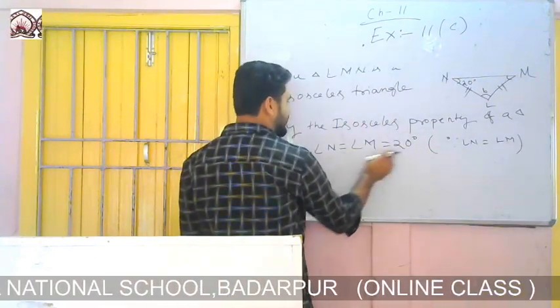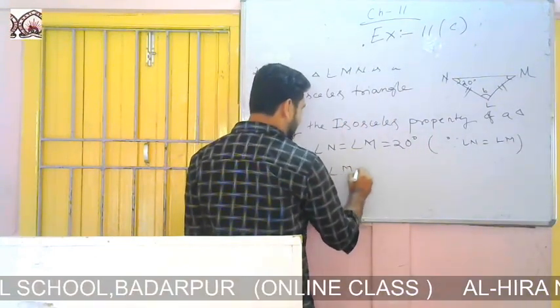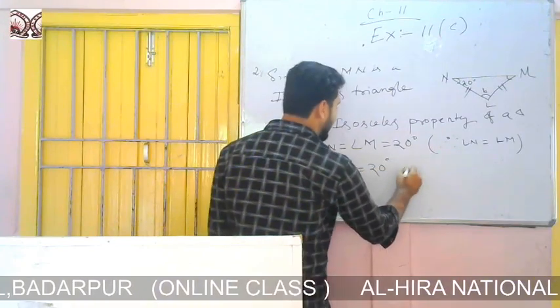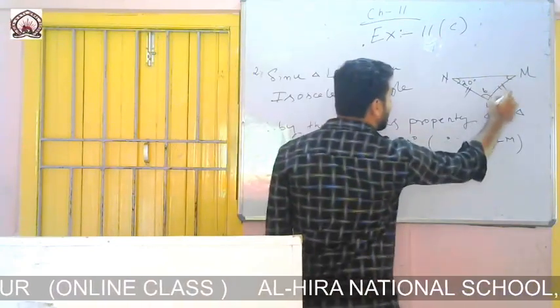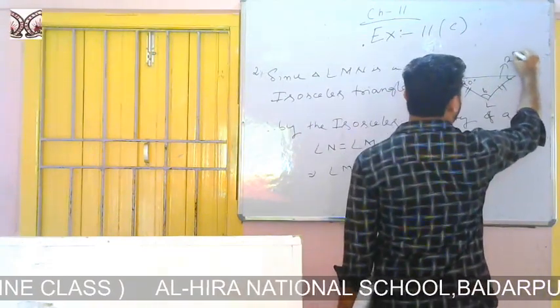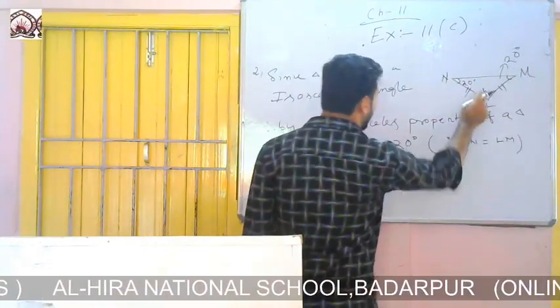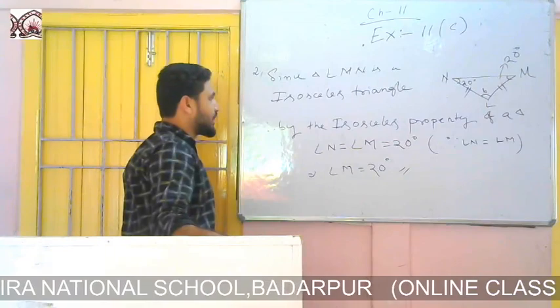If N equals 20 degree, we can write directly M equals 20 degree. Now we know the measure of this angle is 20 degree. Now you can find the measure of this angle by the angle sum property.